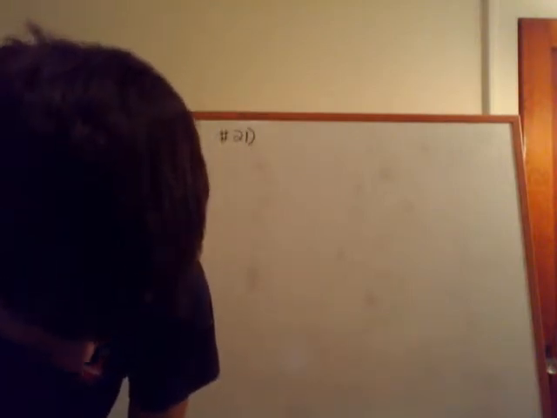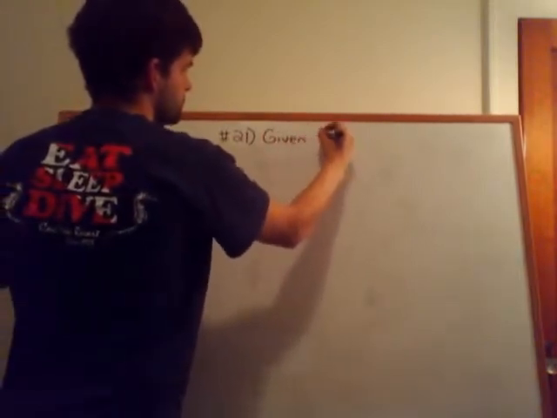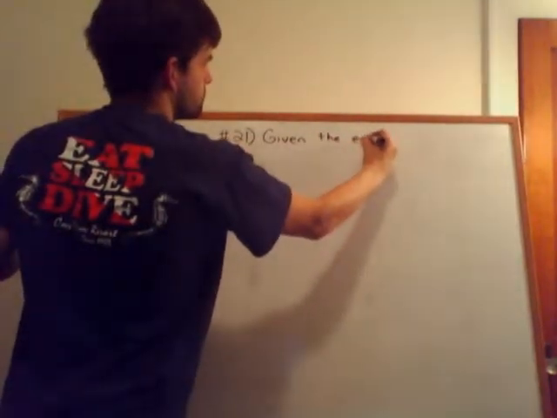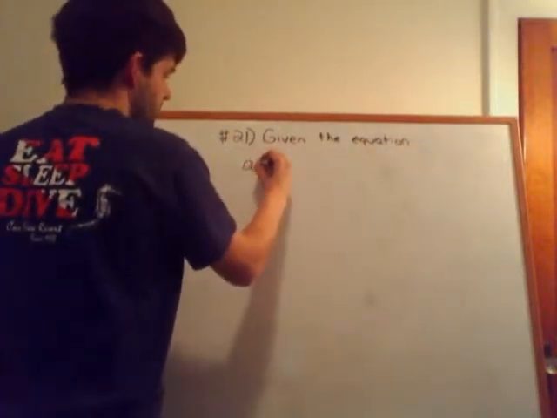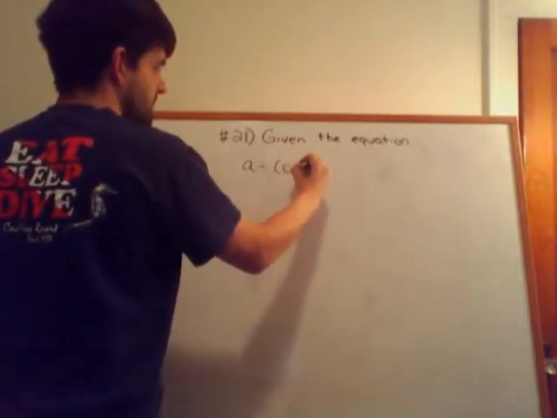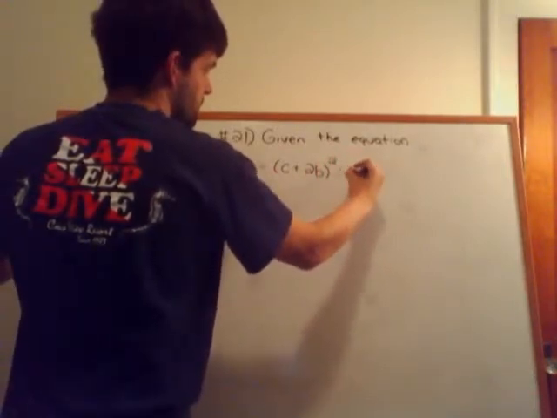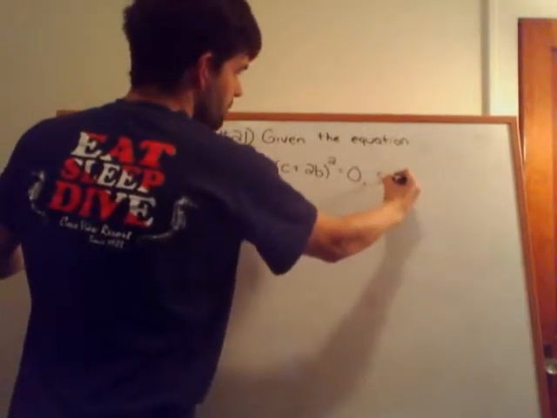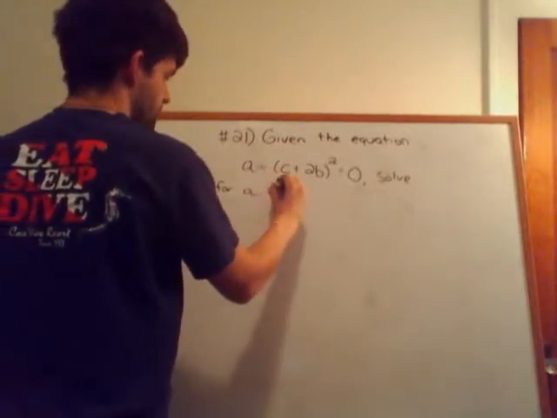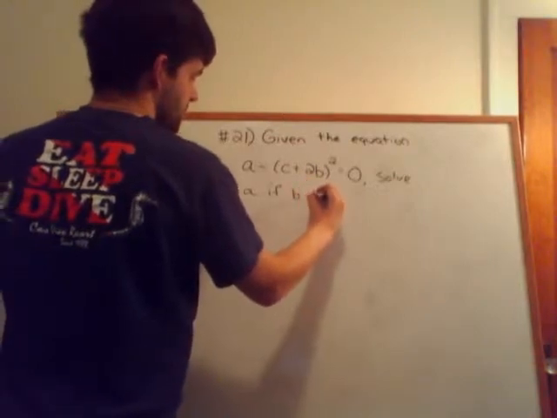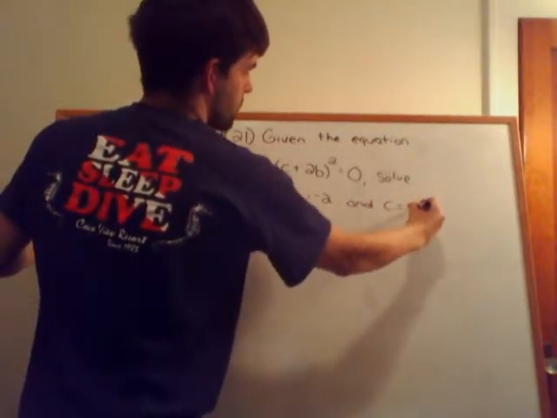Question number 21 states, given the equation A minus the quantity C plus 2B quantity squared equals 0, solve for A if B equals negative 2 and C equals 4.